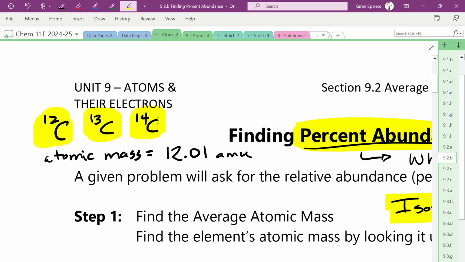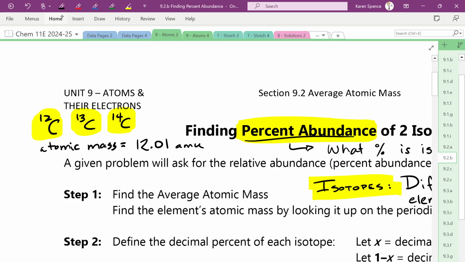Do you have a lot of carbon 14? Do you have 50-50? Do you have 33-33-33? Which one is the most abundant? Carbon 12, because the average is closest to 12, right? How much carbon 13 and 14 will there be? Very little, okay? So we're like, okay, that's good.